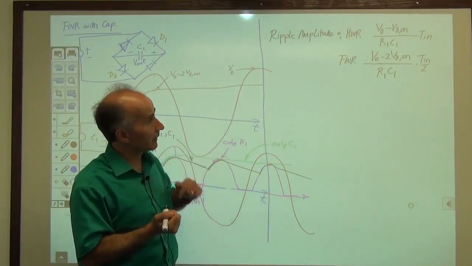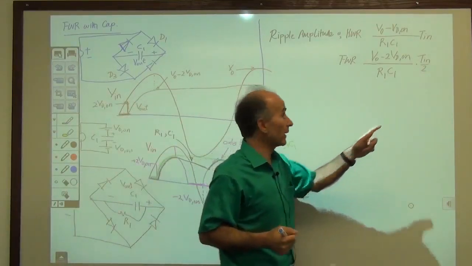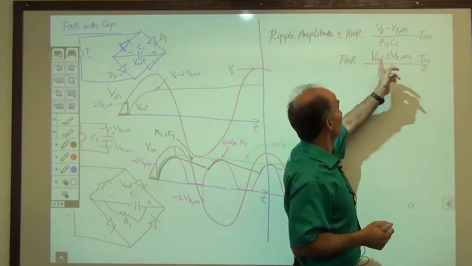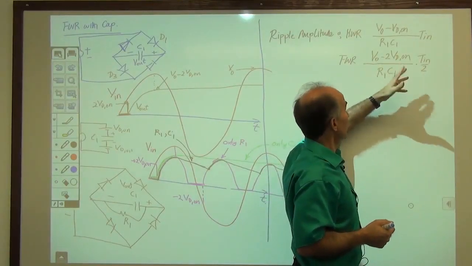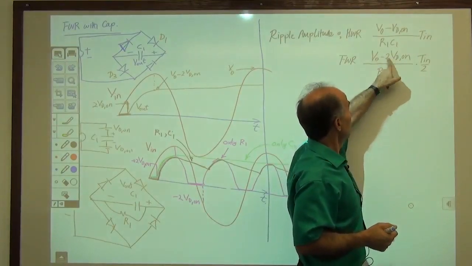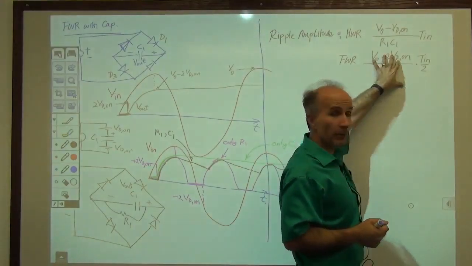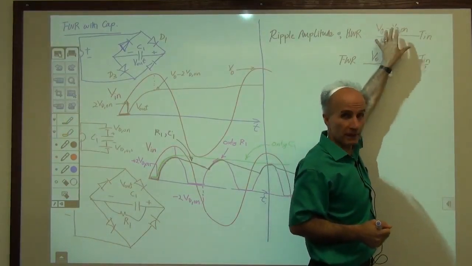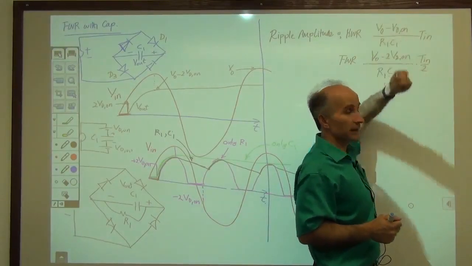Okay, so if we compare, we see that there's a factor of 2 in the denominator of the ripple for the full-wave rectifier. Now, typically, in most designs, V0 is much greater than the diode drops. So we say that this is approximately 1/2 of this. Not quite because of this factor of 2 here, but approximately half of that.